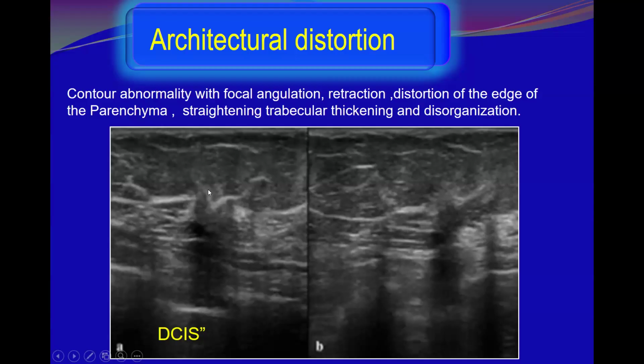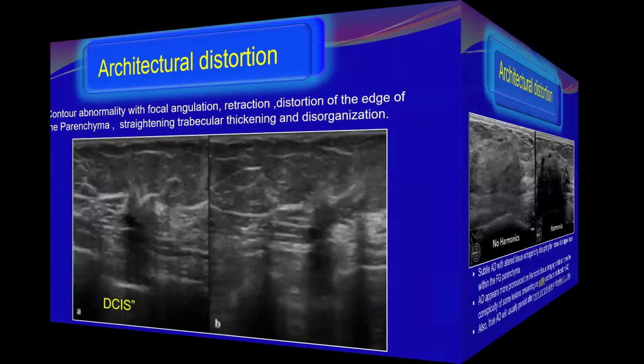The edge is distorted with focal angulation of the parenchyma. The Cooper ligaments are thick, distorted, straightened, disorganized, not passing in normal directions, in normal shape. And there is an underlying shadowing mass seen here in a case of DCIS.